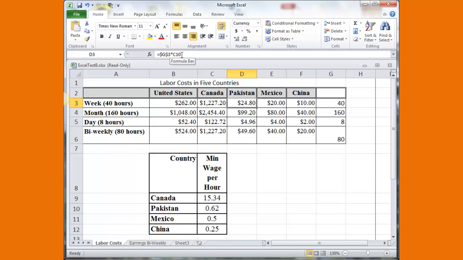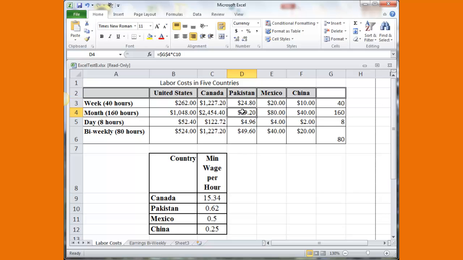Now, what a relative address means is that it will change as you draw this cell down to repeat the formula. So what that means is the one that you want to be relative is the one that you want to change. So for example, this formula should be on Pakistan 0.62, or cell C10, times 40.